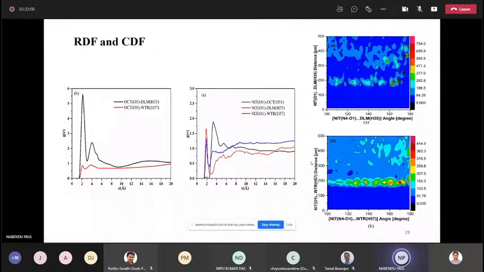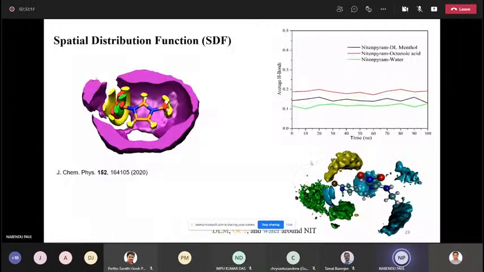So this is the spatial distribution function. The spatial distribution function is the average density distribution of the components around an observable molecule or a central molecule. So how it works, like here we have a central molecule, and we have other components in that system, and it shows how the other molecules are distributed around that central molecule.